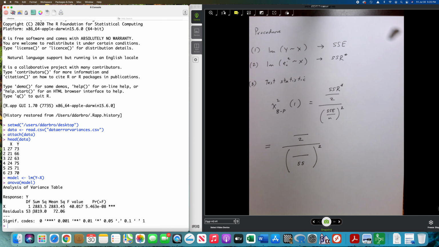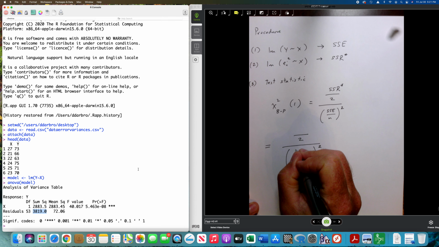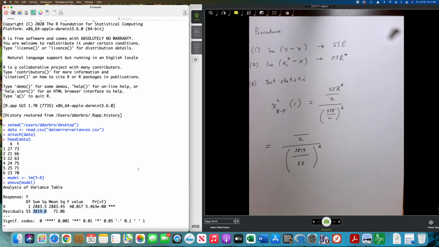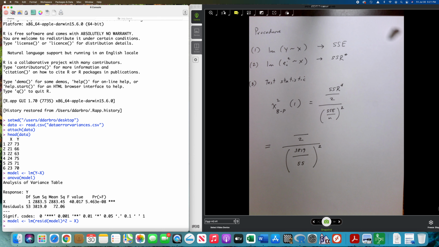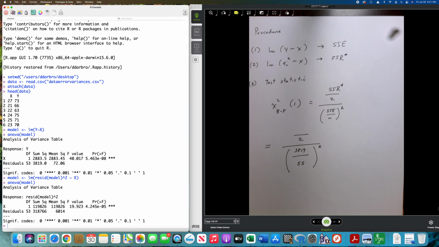That's going to be super easy to find with R. So 3819. And then I need the sum of squares regression for the second model. So I'm going to do the same thing, except I'm going to do the residuals of the model squared, since I didn't save those, and again regress this on x. Get my ANOVA for this model. Probably should have named it something different, but that's cool.